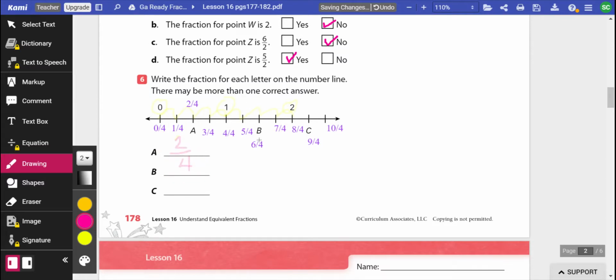And then for B, here's B. I follow it down. B is equivalent to 6/4. And C, if I follow C, C is equal to 9/4.